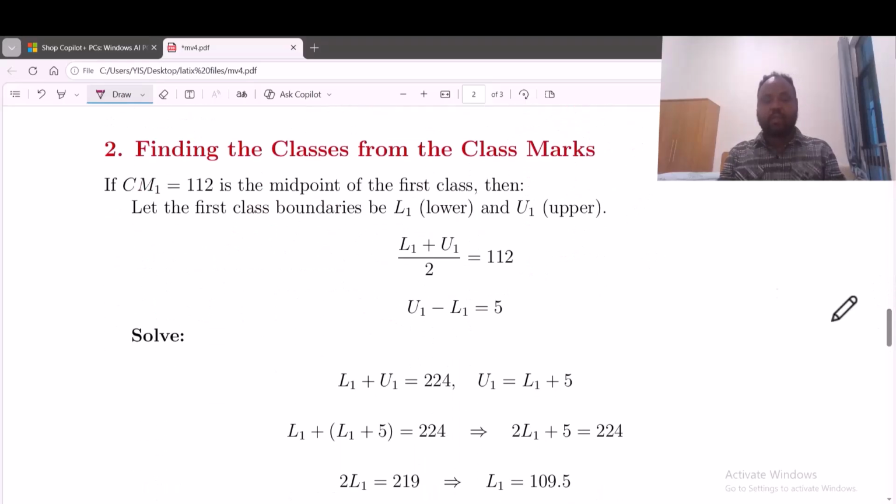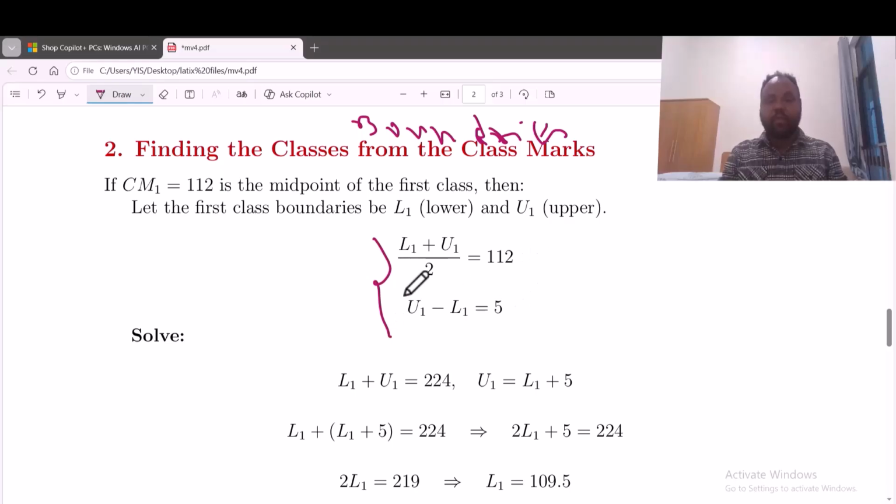The next step is finding the class boundaries from the class marks. How can we obtain the class limits or class boundaries? They can be obtained from a system of equations.